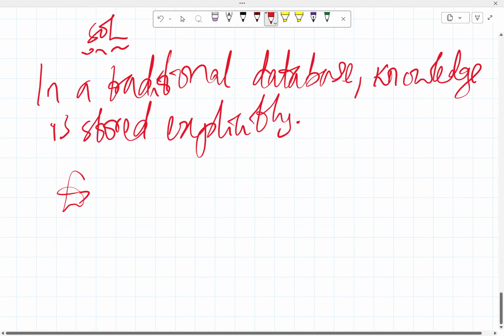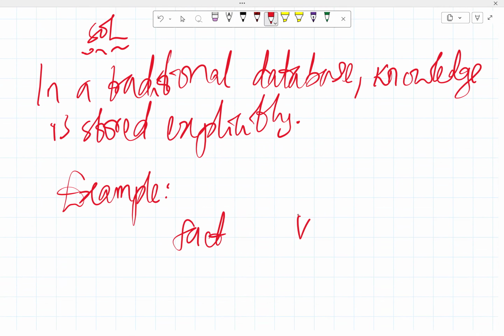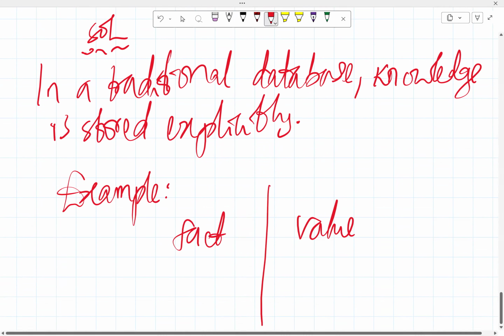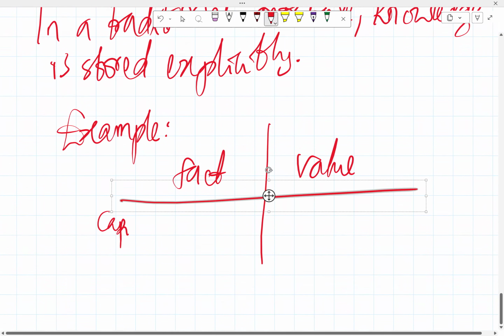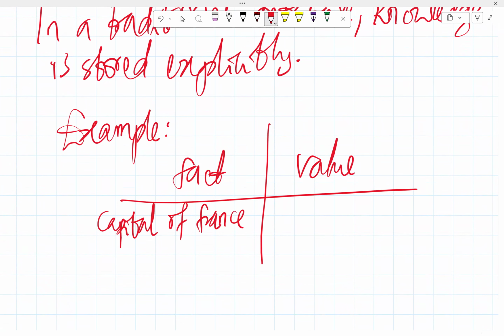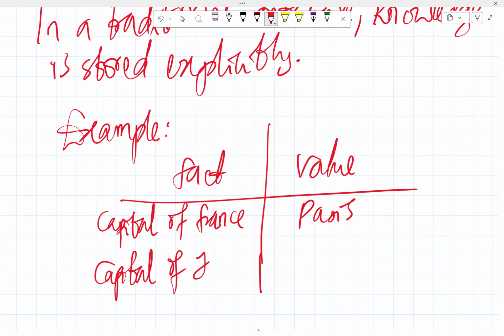Example, you have a fact and you have the value stored directly. So first fact, capital of France, the answer is Paris. Next, you have capital of Japan, and the answer is Tokyo.